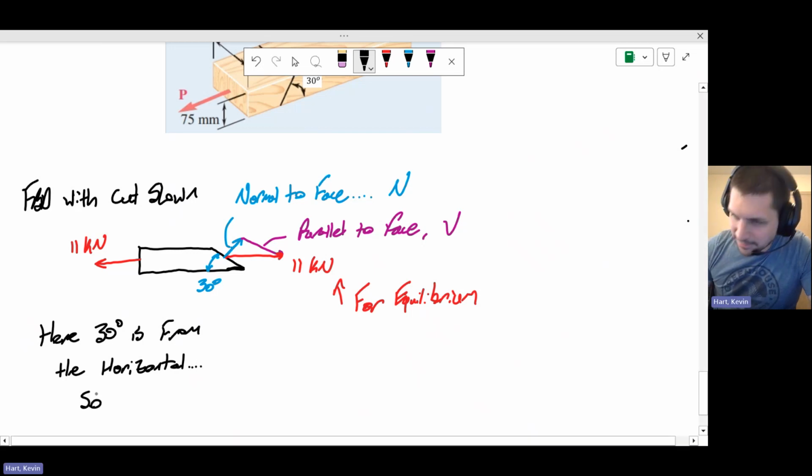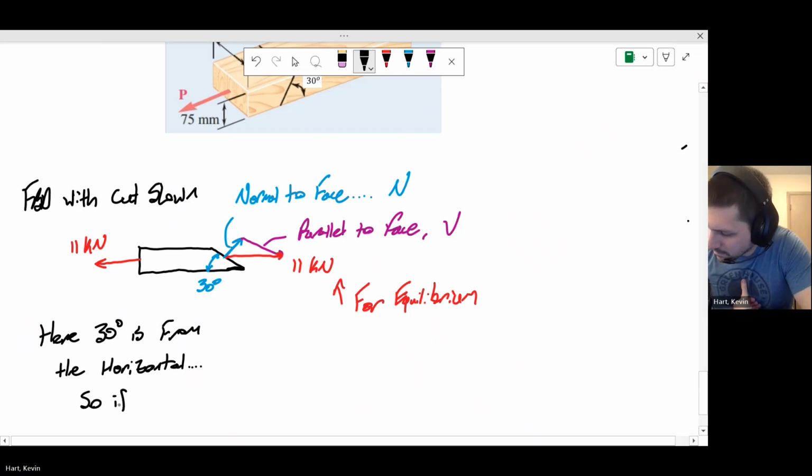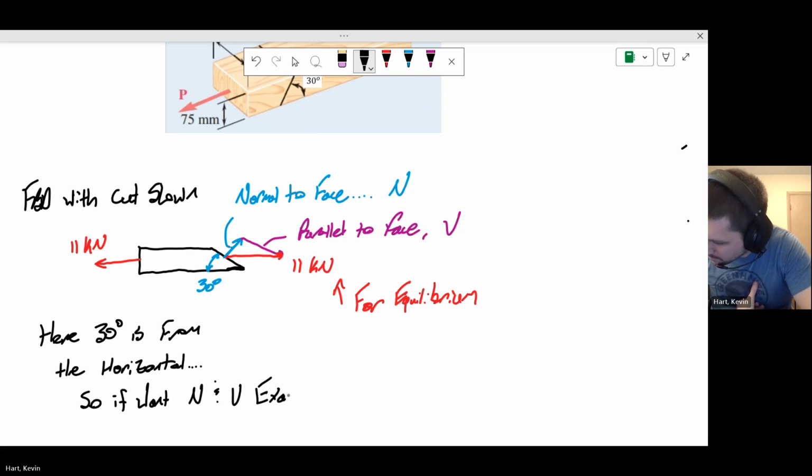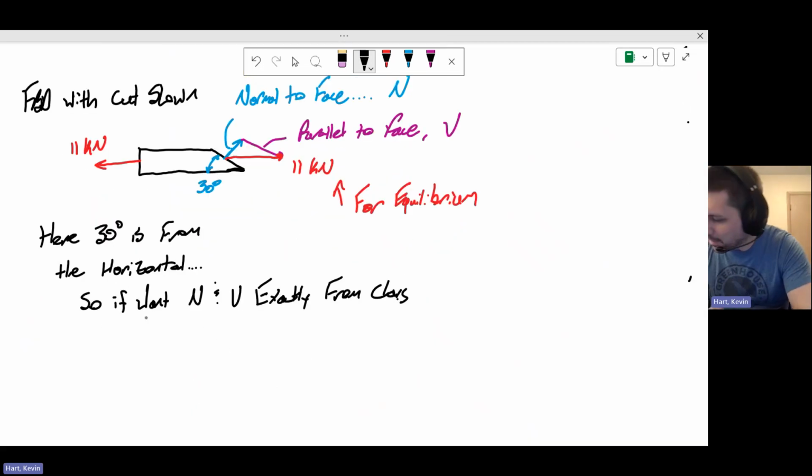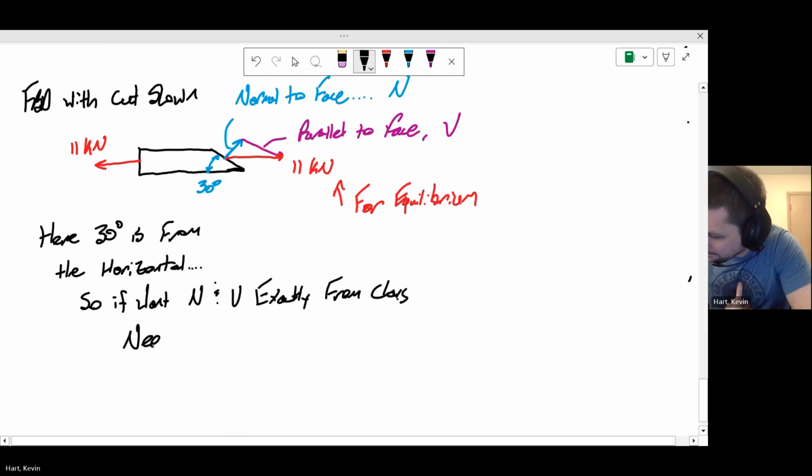So if you want to use the definitions exactly as we wrote them from class, you would need to make a substitution: the angle theta that we really care about is 90 degrees minus 30 degrees, which is 60 degrees.